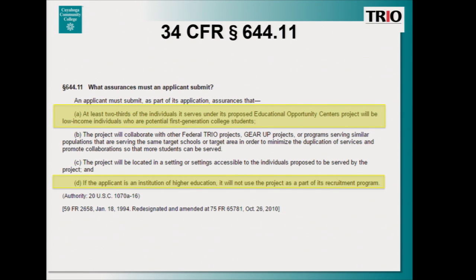Please note that at least 2/3 of the individuals served as part of the EOC program must be both low-income individuals and potential first-generation college students. Also, your institution, if it is an institution of higher education, must not utilize the EOC project as part of its recruitment program.